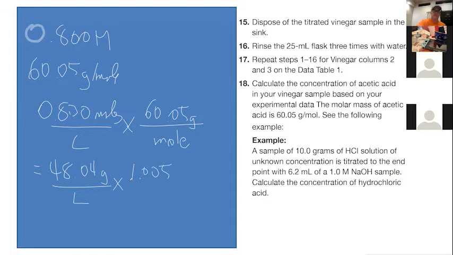Now remember that the density of the vinegar is 1.005 grams per mil. So how much is my liter going to weigh? If it's 1.005 grams in 1 ml, if I have 1,000 ml, what's the mass going to be?